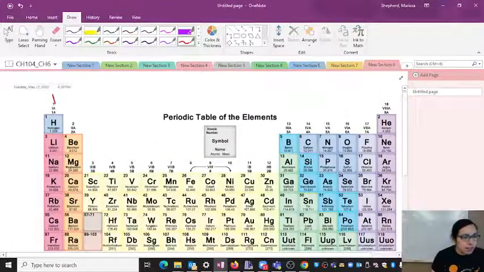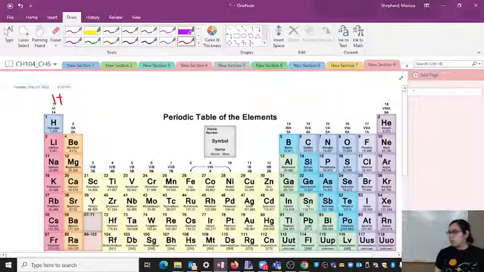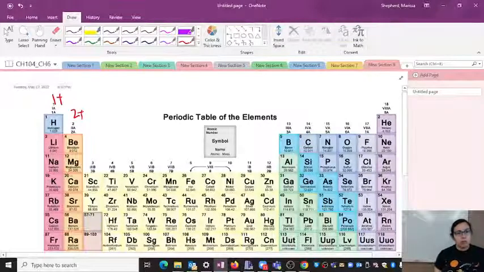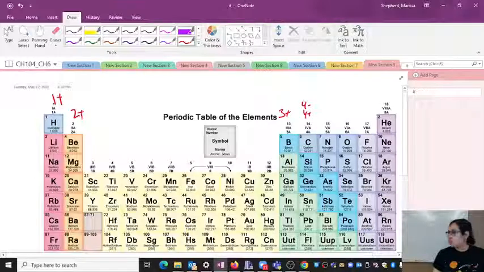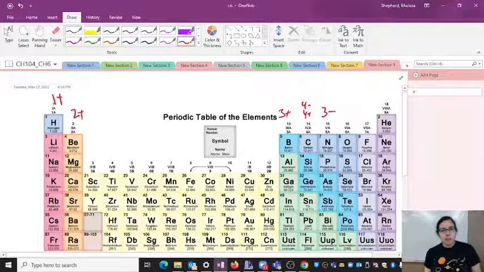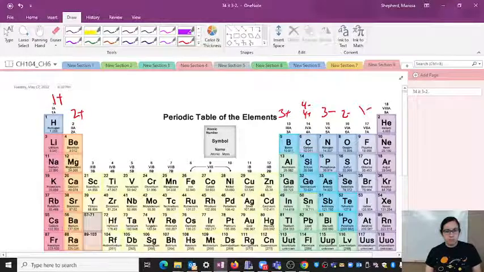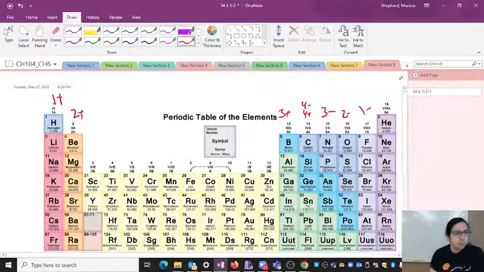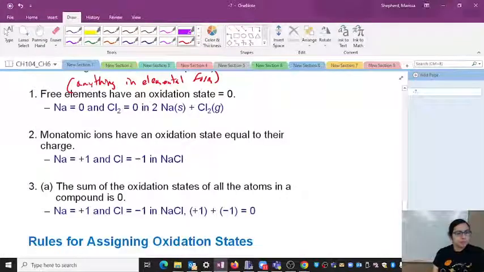So everything in group 1, 1+ oxidation state, just like we expect. Group 2, 2+. Group 3, 3+. Then we have that weird switch here where we have -4, +4. And then -3 for all these for their oxidation state, -2, and -1. So we know how to do that.